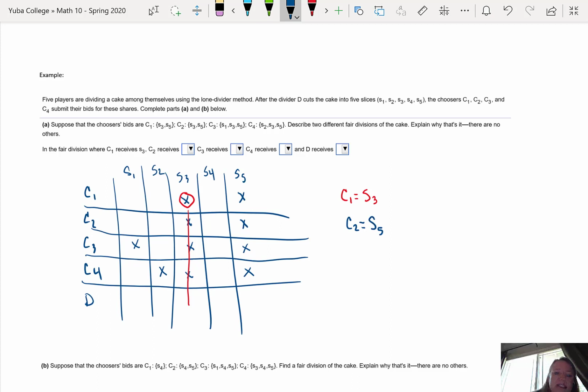Chooser 3, if that's the case, I'm going to cross that out. Chooser 3 only has S of 1 left. And then chooser 4 gets S sub 2. So the divider gets what's left. We have S1, S2, so they need S sub 4.